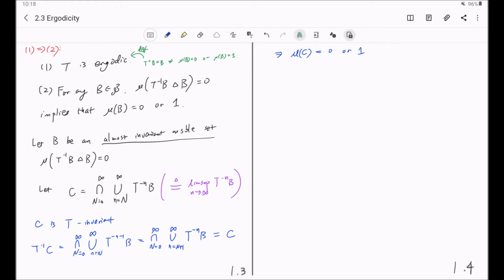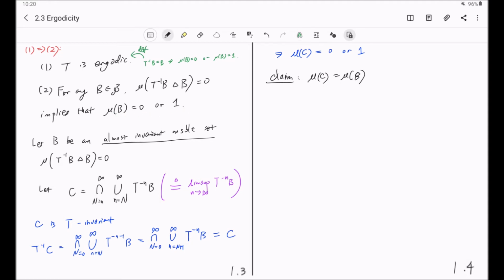Our next goal will be to try to associate the measure of C with the measure of B. It turns out that the measure of C is the same as the measure of B. So now we claim that mu of C is equal to mu of B. And once we verify this claim, then we are done, because the goal is just to show that mu of B is either 0 or 1.